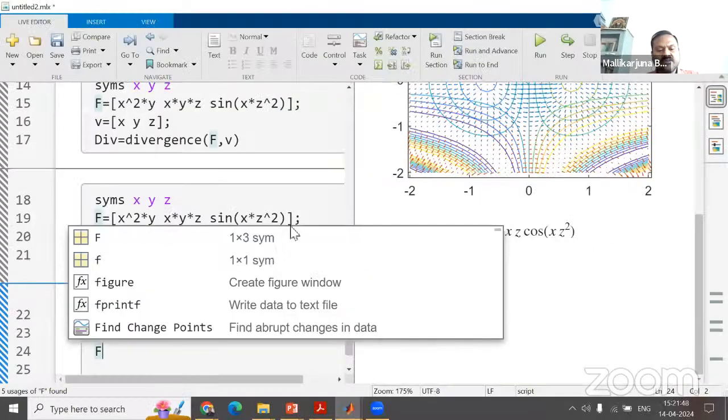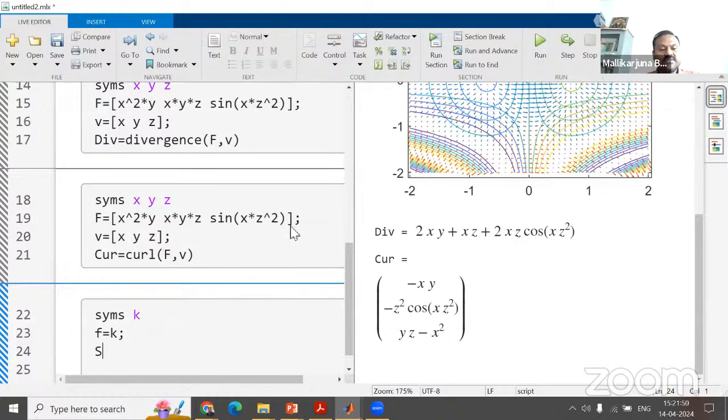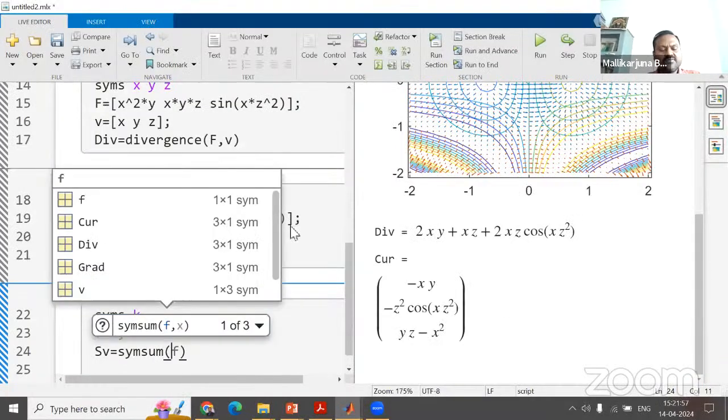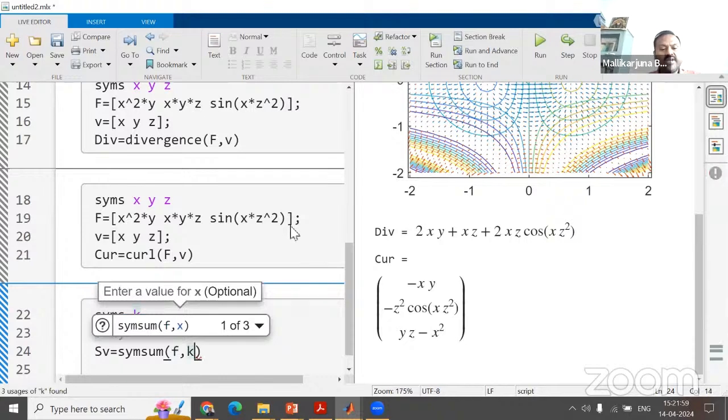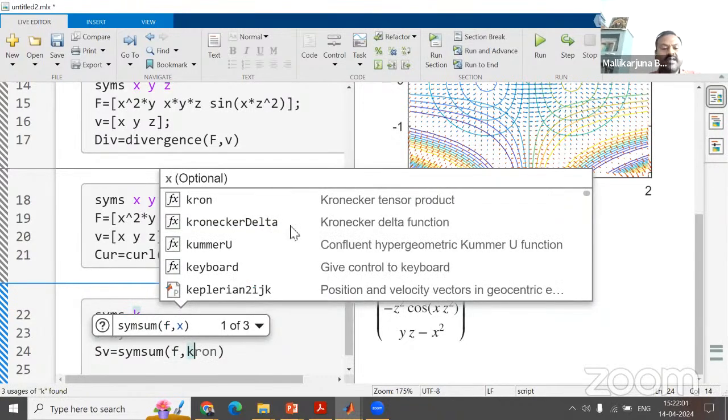Next, the series value, suppose symsum of f, comma, variable. Here we are taking k.